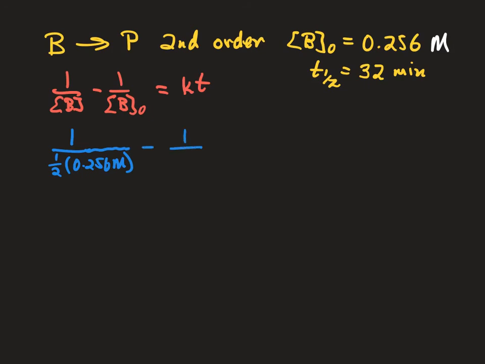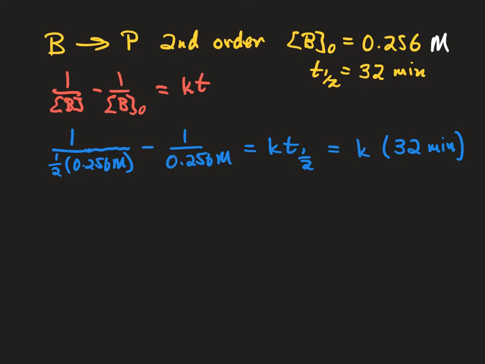So 1 over 0.256 molar minus 1 over 0.256 molar is equal to kt, where t is 1/2, and that's equal to k times our 32 minutes. And so that leaves us k to solve for.